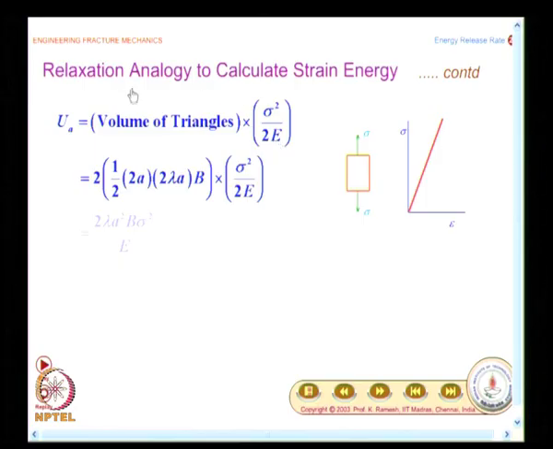This is multiplied by the volume, and here the volume of the triangles. I have two triangles, so I have 2 here. So, half B H, where we have assumed the height as lambda times a, and lambda is used just as a proportionality constant here. It is not denoting a wavelength, because we are accustomed to seeing lambda as wavelength. When you multiply this, you get an expression 2 lambda a squared B sigma squared divided by E.